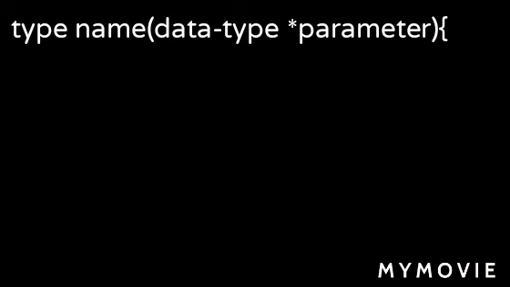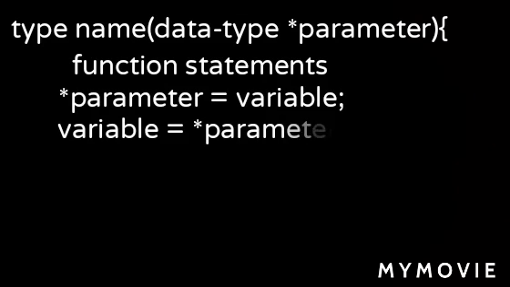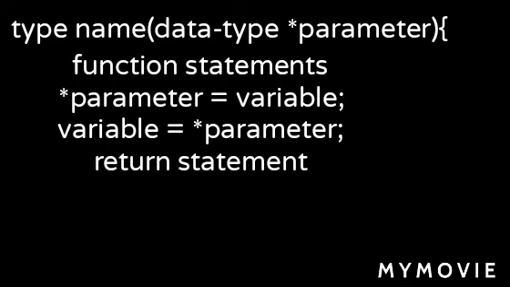Then an open close curly brace, and inside of it there are the function statements. Then if you want to change the value of the parameter, you need to add the asterisk before it. Okay, so we assign some variable to asterisk parameter.